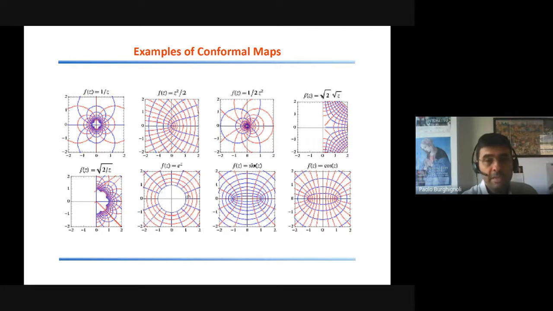The horizontal lines are mapped onto the radial lines in blue. But again, those two sets of curves intersect at right angles. And the same is true for the sine function, the cosine function, and so on.